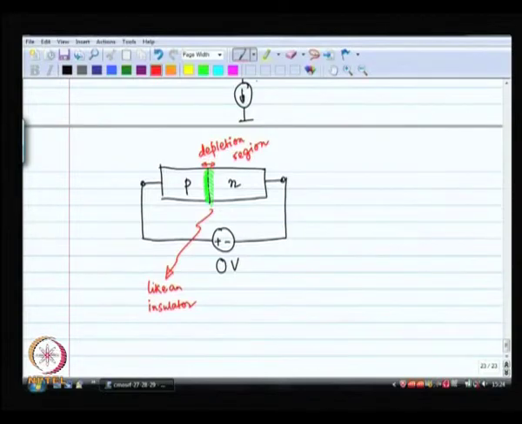As soon as a carrier comes in, it falls into a hole, or an electron recombines with a hole. So, no carriers in the depletion region. This means that current can't flow through it, so the depletion region is like an insulator.